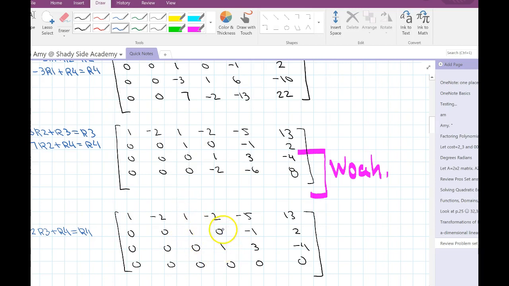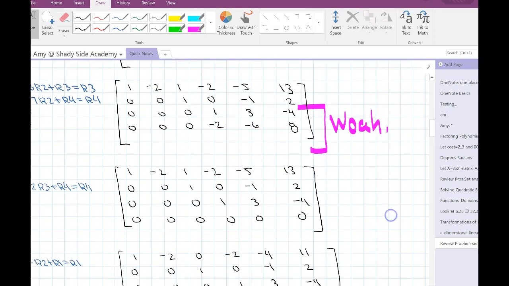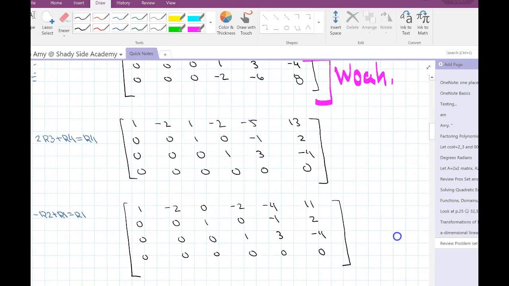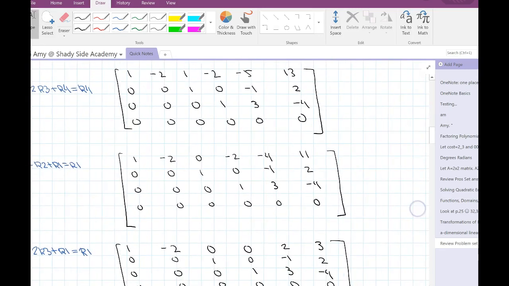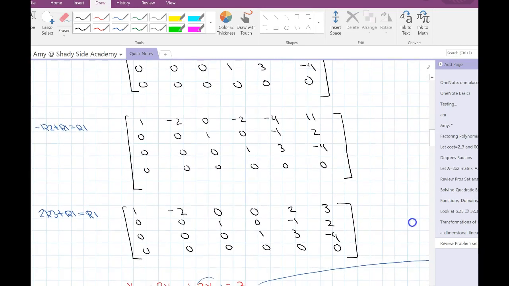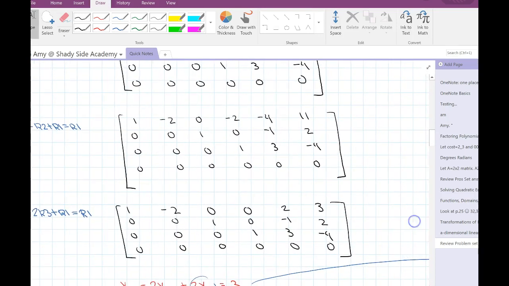So this is already 0. I'm going to make this a 0, and this a 0 here. That's my next few moves down here. You see that? And here is what I've gotten. Now, in terms of reducing your augmented matrix, this is the best you can do.